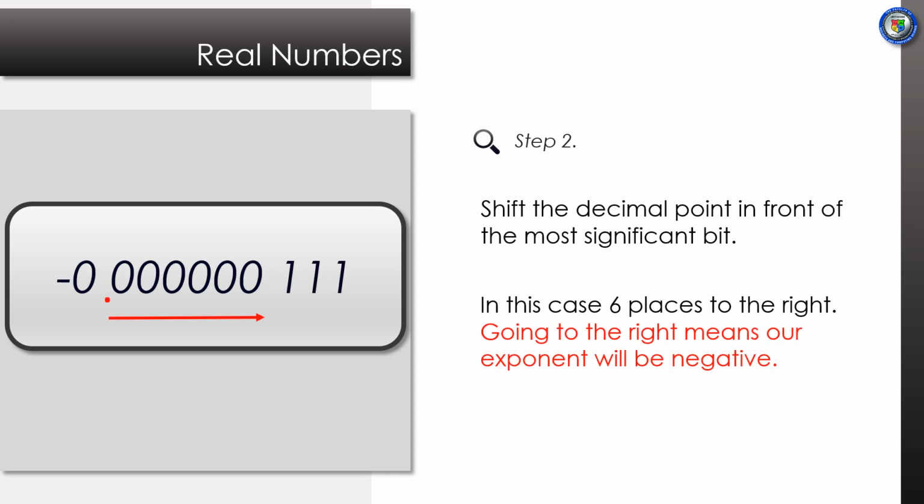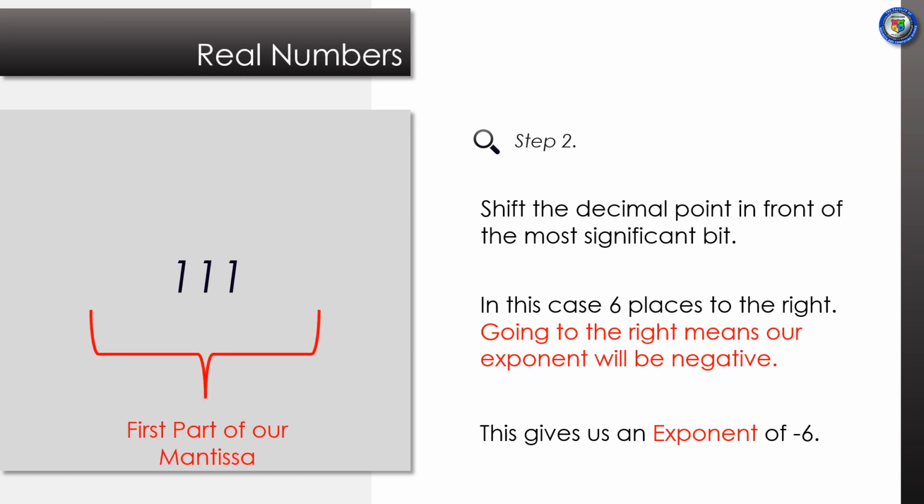In step 2, we will shift the decimal point in front of the most significant bit. In this case, we will move the decimal point 6 places to the right. Again, this means that our exponent will be negative. This gives us an exponent of negative 6. We can also identify the first part of our mantissa, 111.